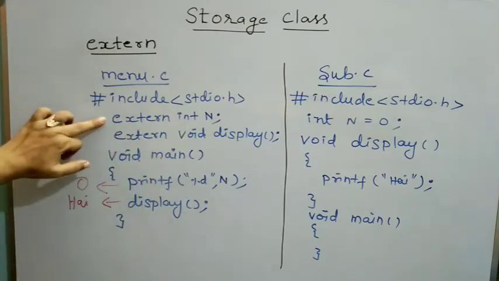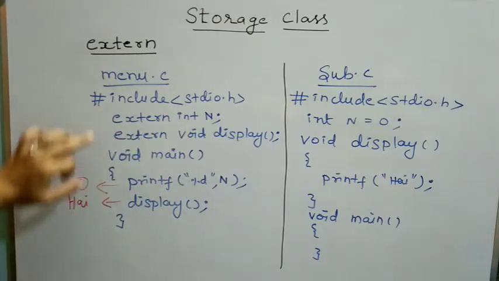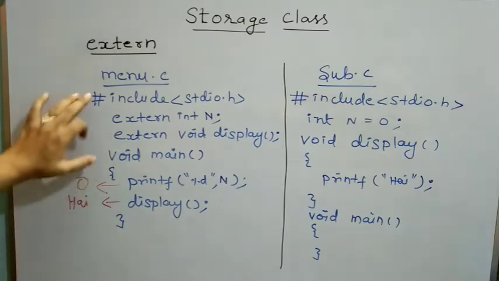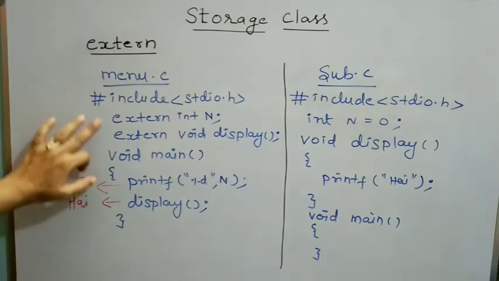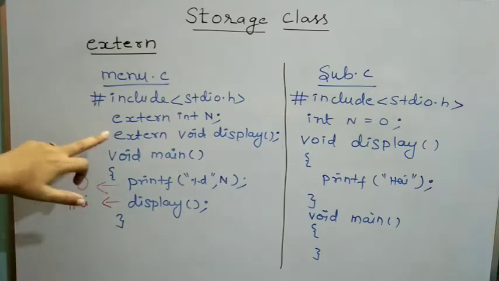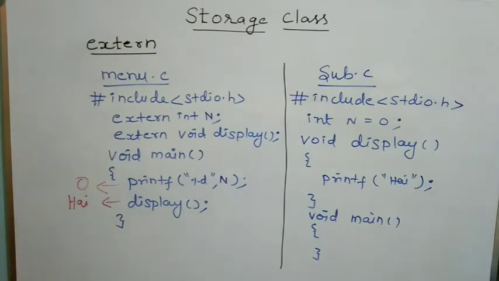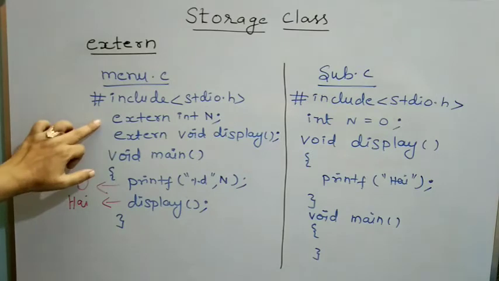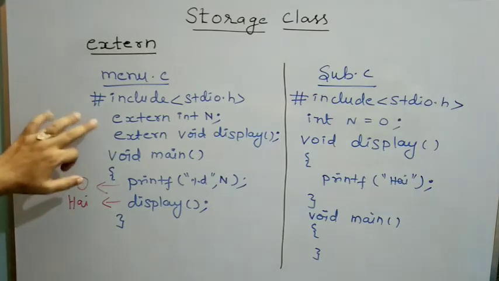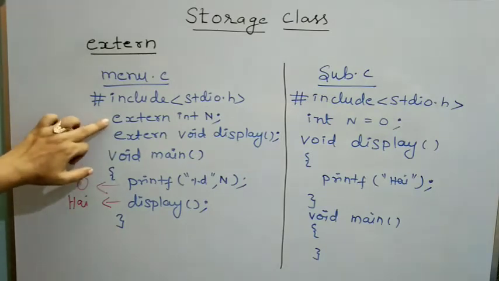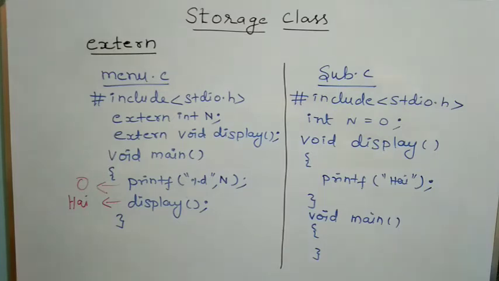Wherever we have declared the variable in that programming file, we can use it until the execution of the program ends. What is the initial value? The initial value is 0. In which part of memory is it stored? It is stored in memory.